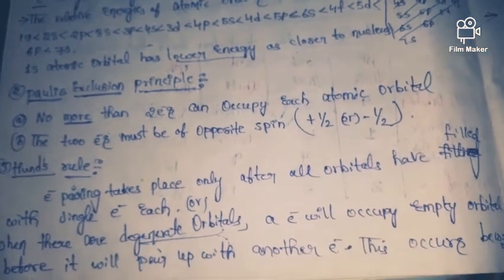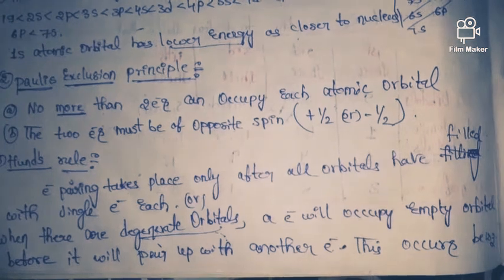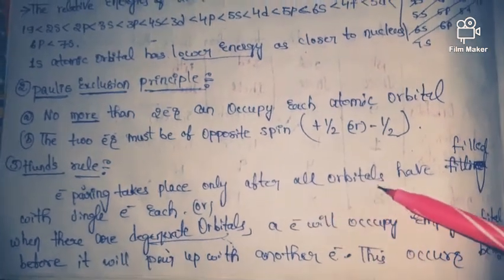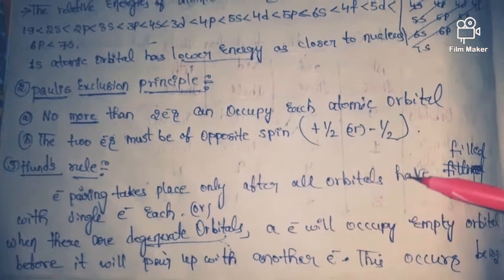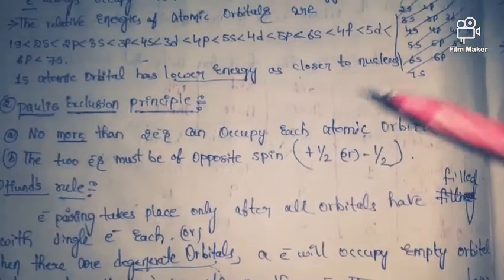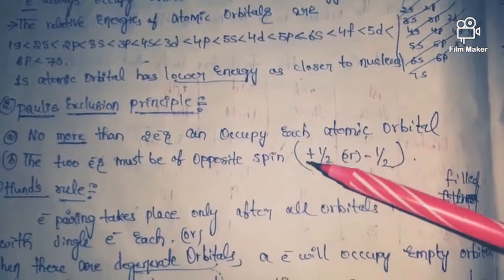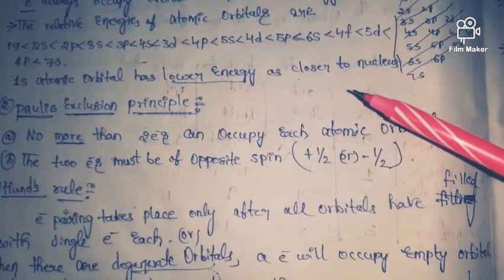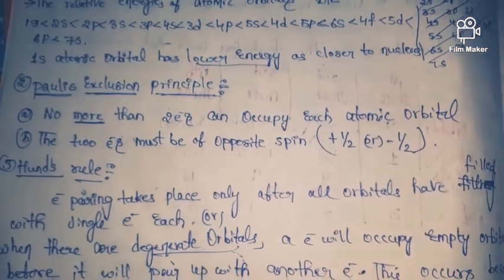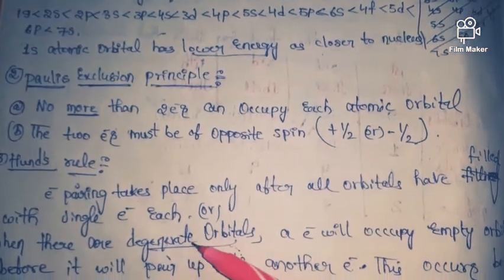Hund's rule states that electron pairing takes place only after all orbitals have been filled with a single electron each. Next, when there are degenerate orbitals.